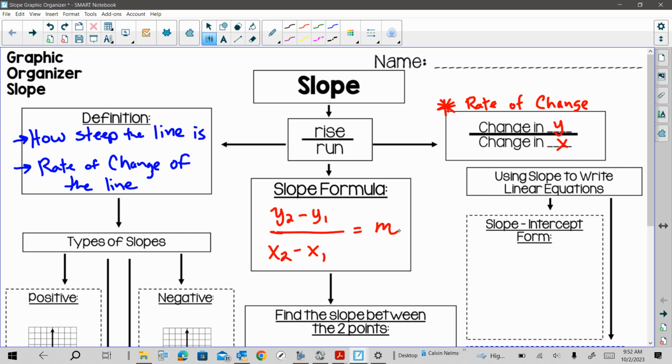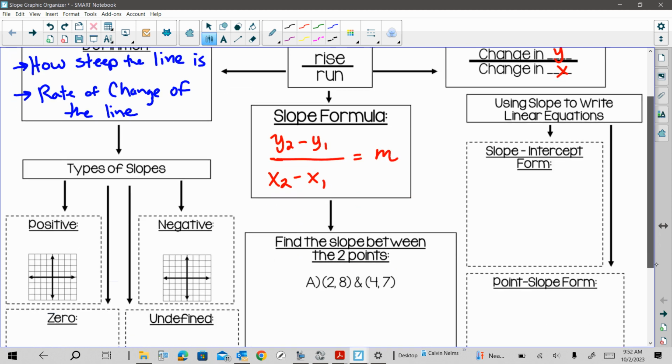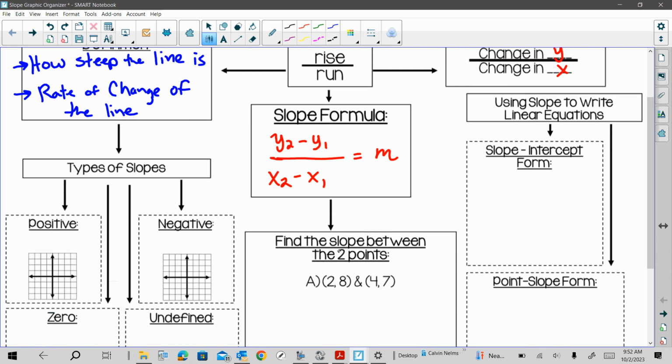So let's just talk about from 2 points. To find the slope between 2 points, we're going to have an x1 and a y1 for the first point. Let me fix that. x1, y1, and then x2, y2.